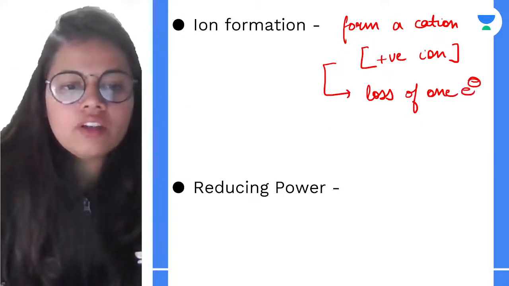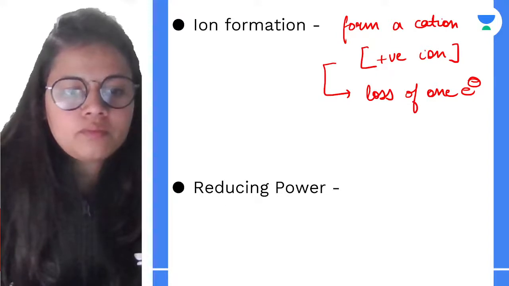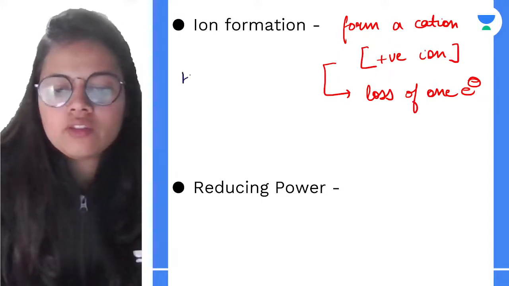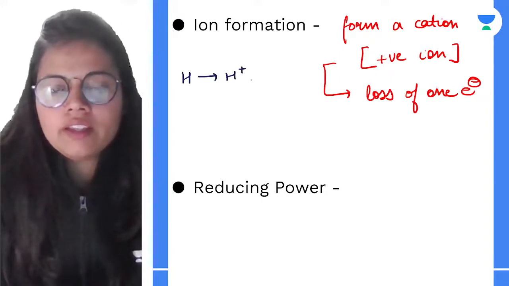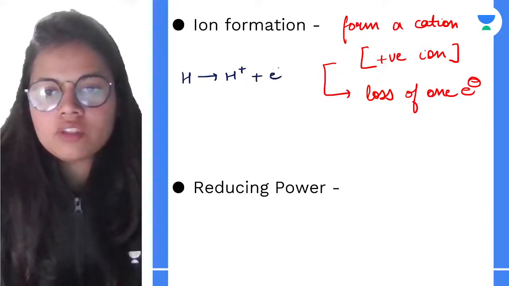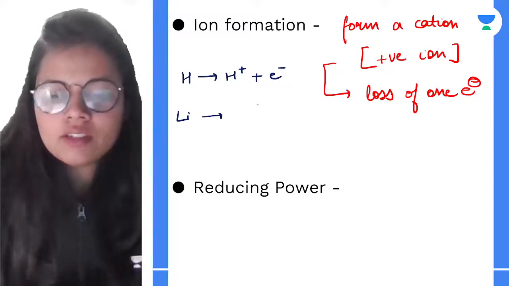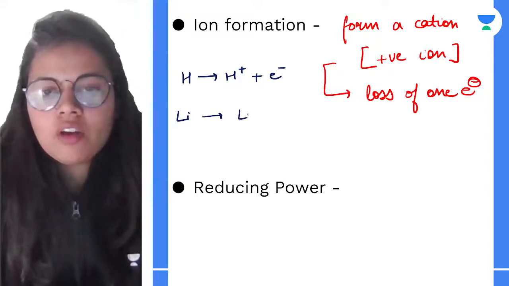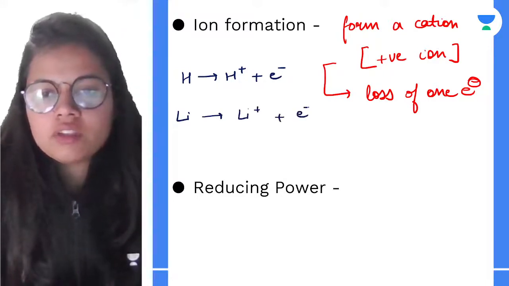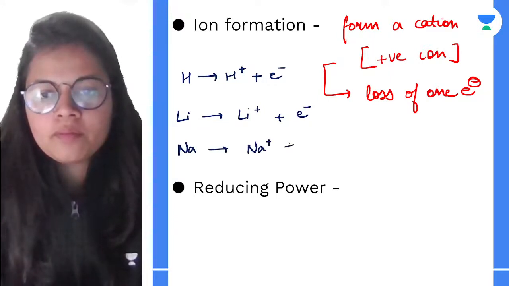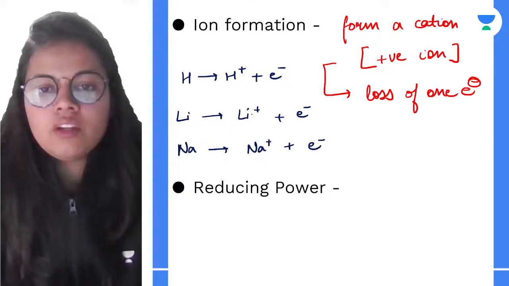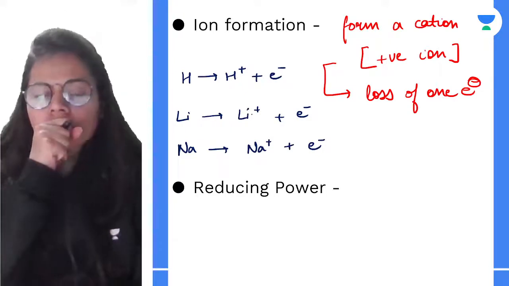So hydrogen, it forms what? By losing 1 electron, it will be forming a cation, that is, it will be developing a positive charge. Same thing happens with lithium, sodium, potassium, etc. So they will all be having a positive charge and they will be losing 1 electron.